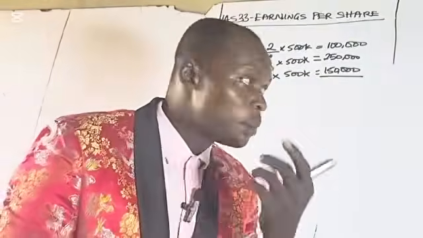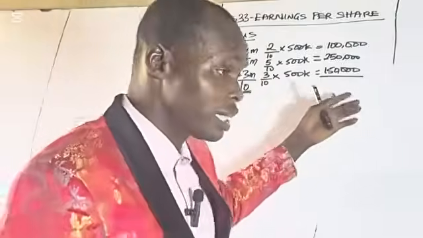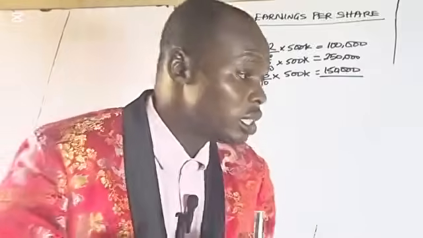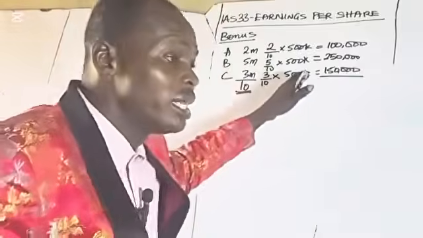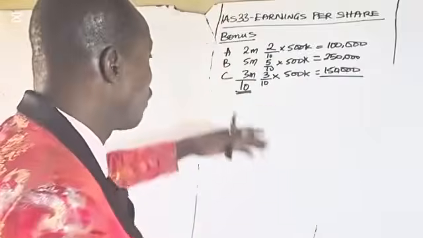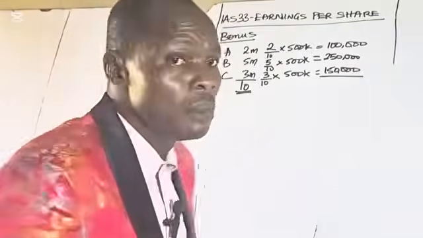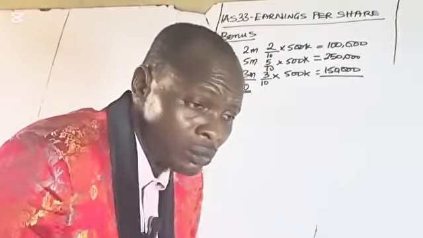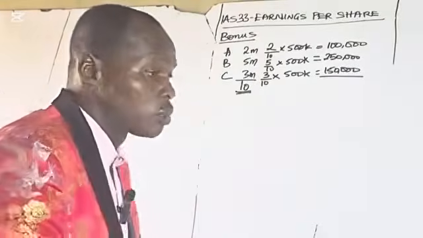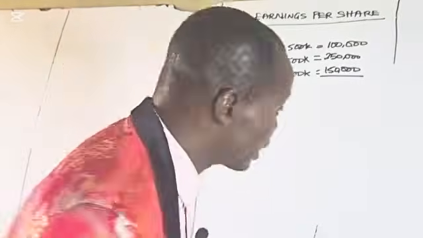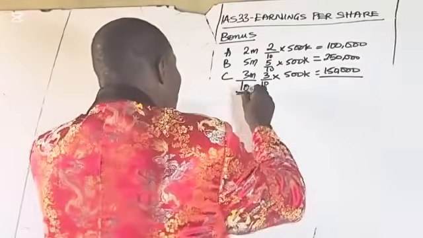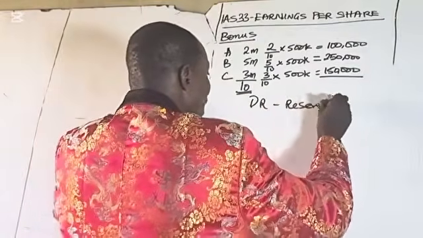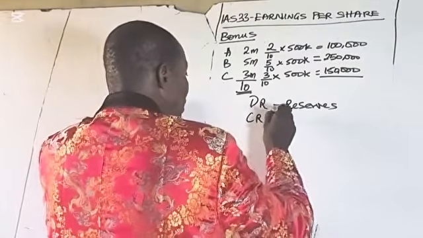I've told you that in bonus issues no cash is involved. That means the shares are issued free of charge to the existing shareholders. The new shares are created by converting the reserves. What the entity will do is debit the share premium or any other form of reserves, or debit the equity reserves, and credit the share capital.